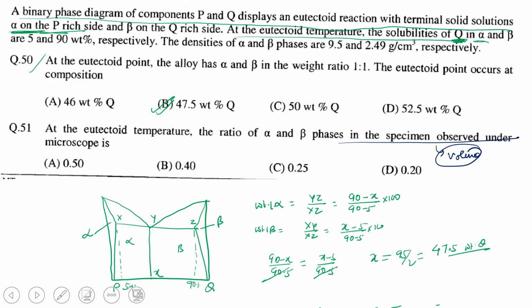Density is given for that purpose only, to find it in terms of volume. For alpha it is 9.5, and for beta it is 2.49 gram per cc.